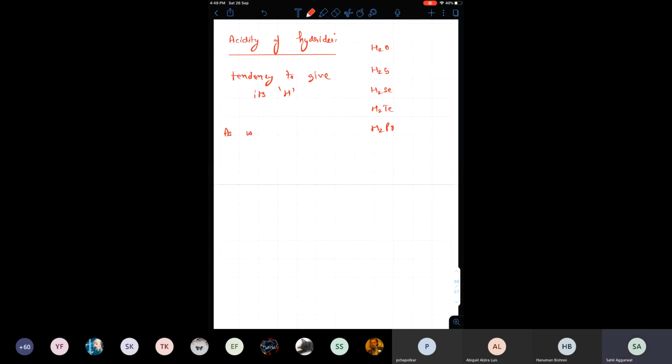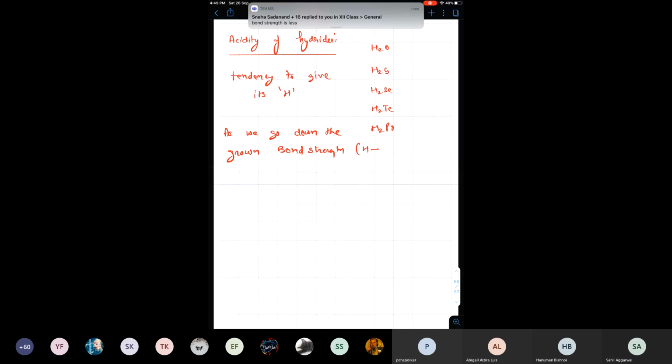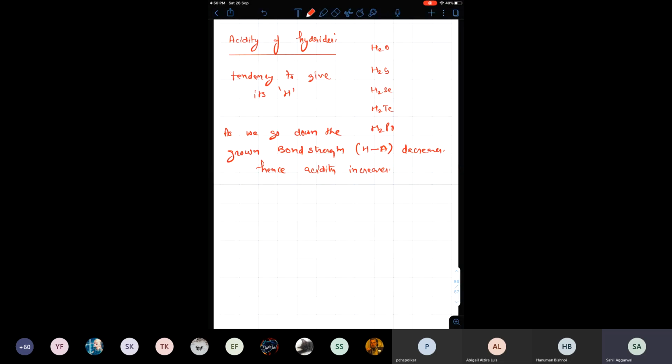As we go down the group, bond strength decreases, hence acidity increases. Very good, Sneha.